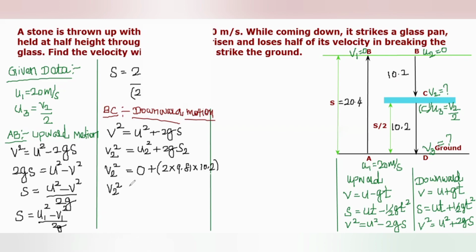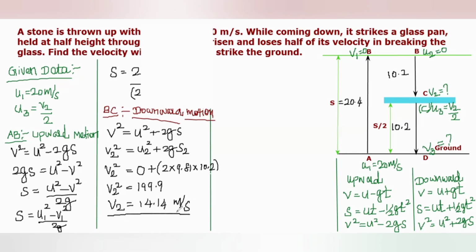So V2 square, we will get 199.9, approximately 200. When you take the square root, we will get the value of V2, that equals 14.14 meters per second.